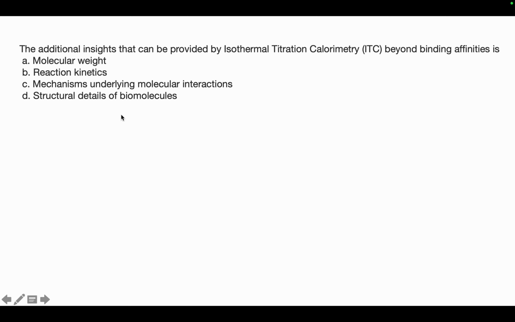So the answer is C. From ITC we can identify the basis of molecular interactions also, whether different mechanisms of interactions like association and dissociation, or how they are interacting at molecular levels.